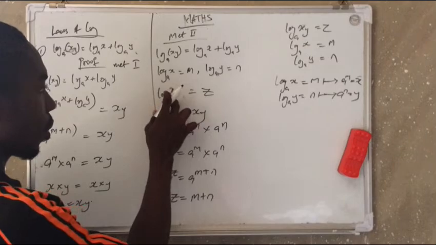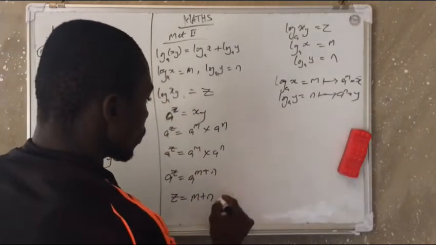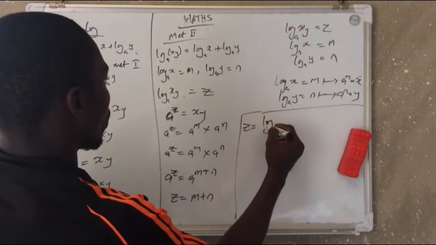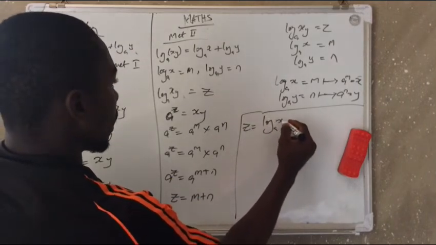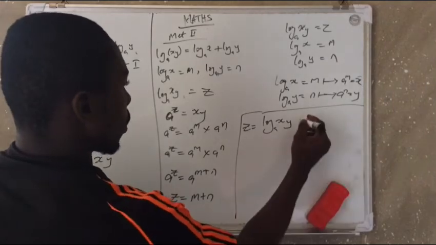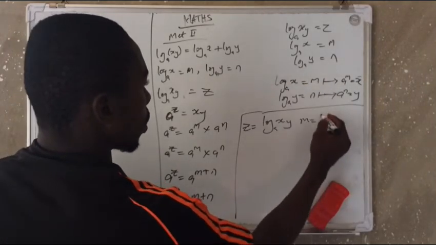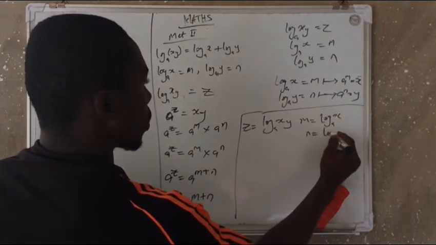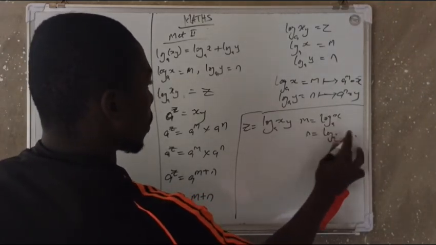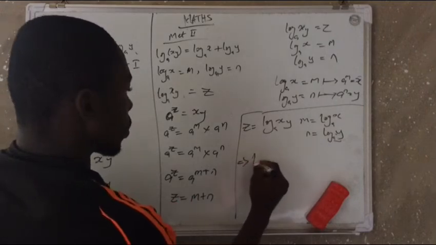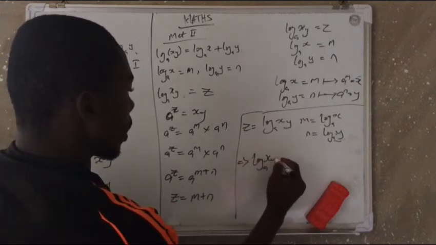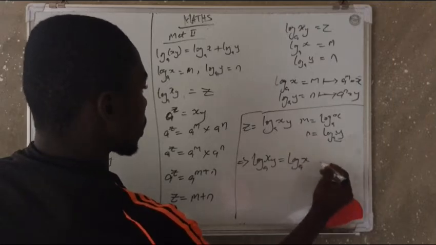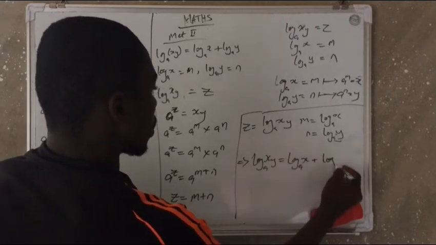Your z is log a of xy. Your m is equal to log a x, and your n is equal to log a y. So this implies that log a xy is equal to log a x plus log a y.